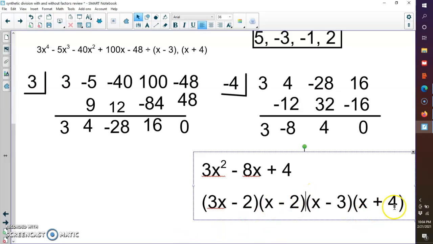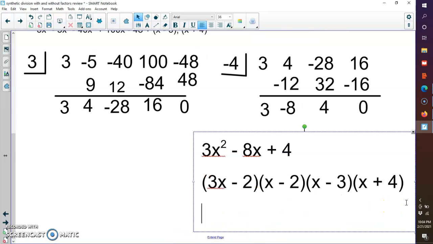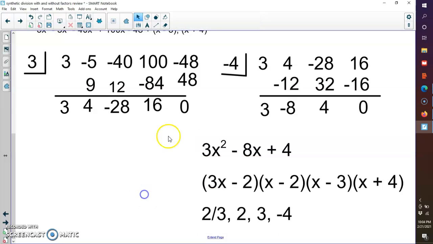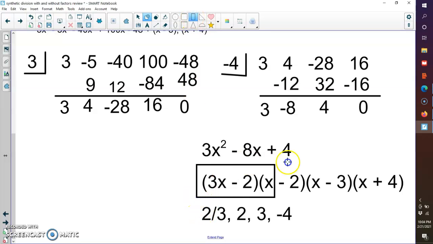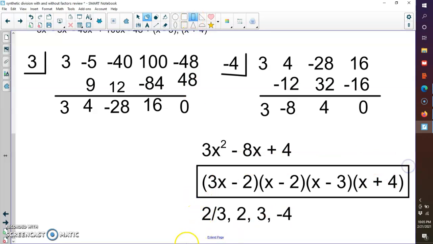Here, and these are my answers. My zeros are going to be 2/3, which is what makes 3x minus 2 equal to 0, 2, 3, and negative 4. And let's box these numbers up as our answer. Let's see here. Use our rectangle. Here are my factors. And here are my zeros.